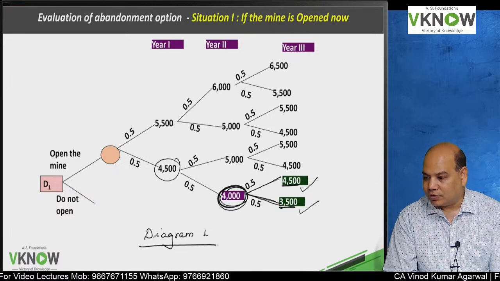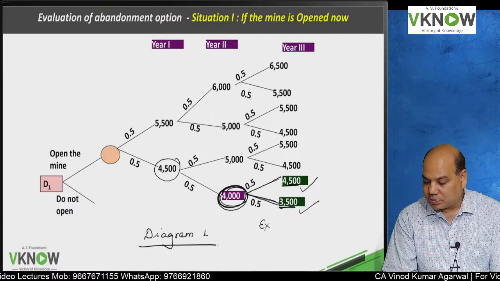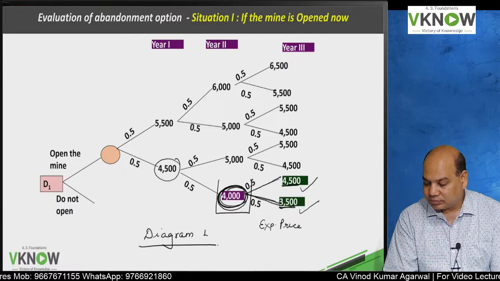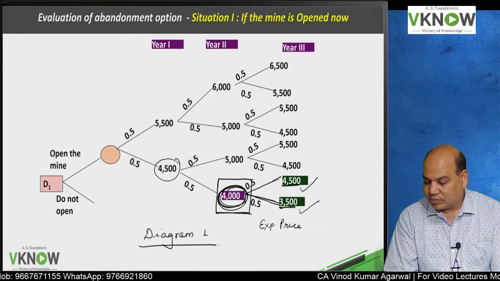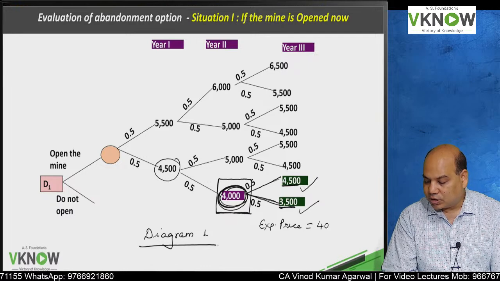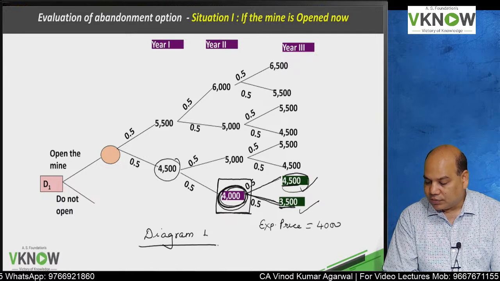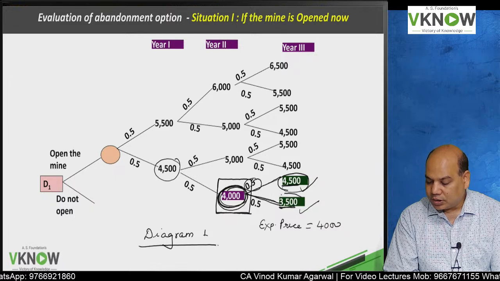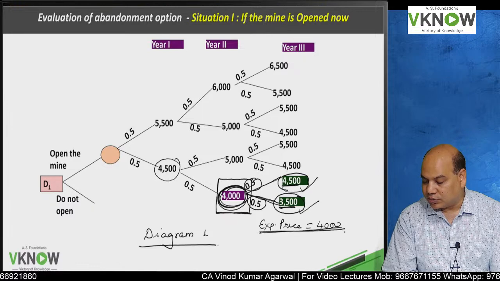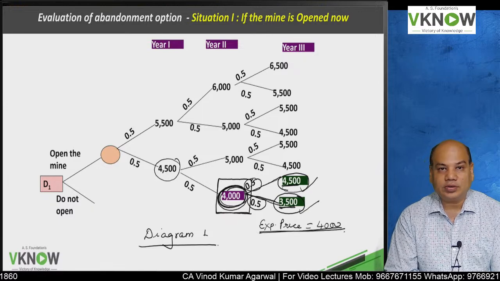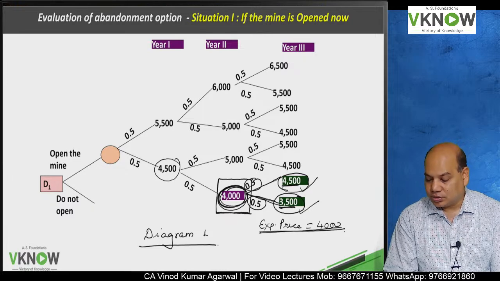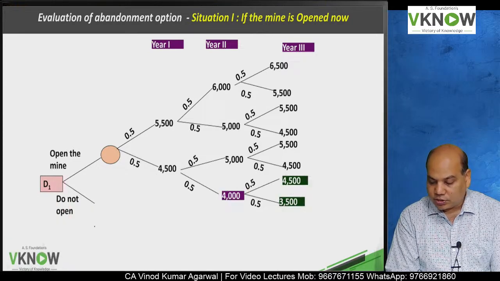I have highlighted it for understanding, which means if suppose you have reached here, the expected price for the next year will be 4,000 rupees. 4,500 into 0.5, 3,500 into 0.5, so the expected price is 4,000, which is lower than the extraction cost.